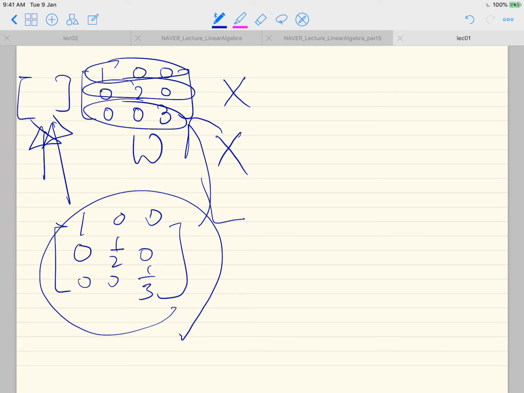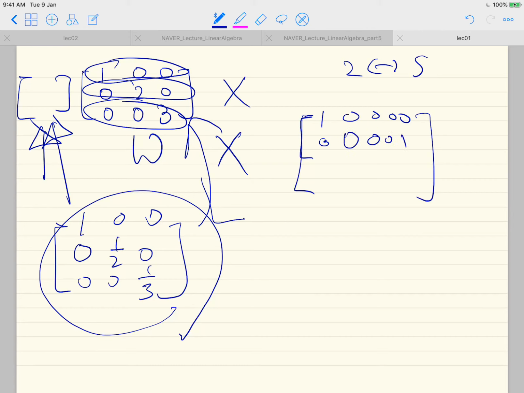Okay, and then what about the row interchanges? Yeah, maybe interchanging the second and fifth rows, 1 0 0 0 0 0 0 0 0 1. Okay, I'm going to skip writing the rest of it. So in that case, how can we recover the original matrix?